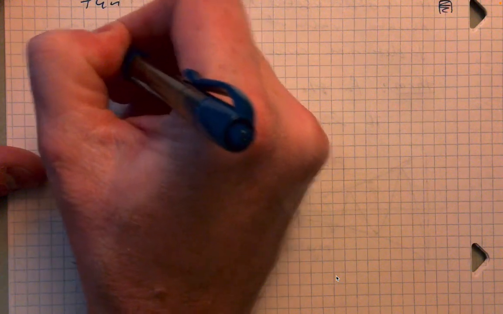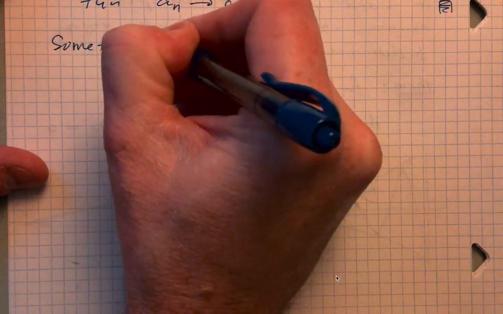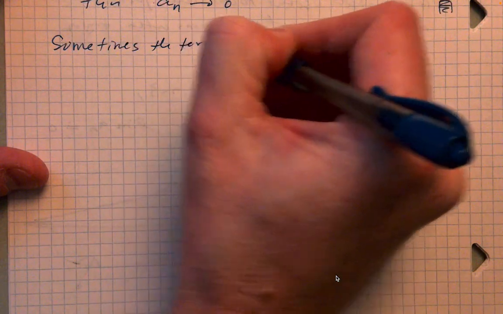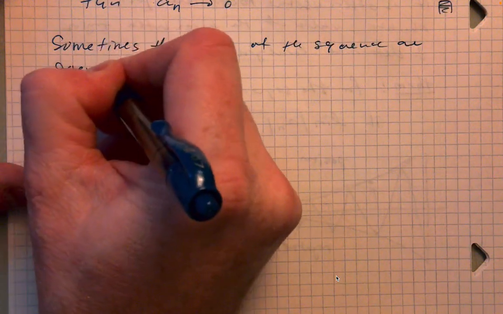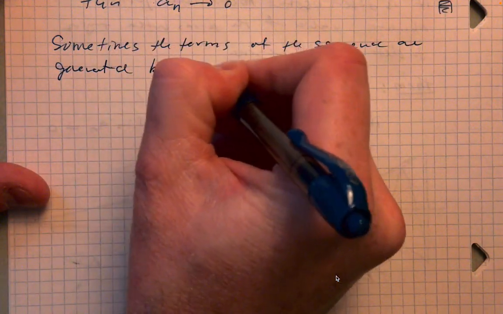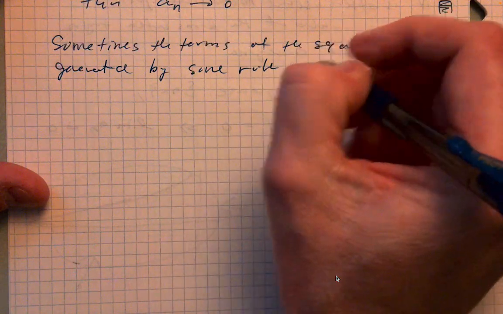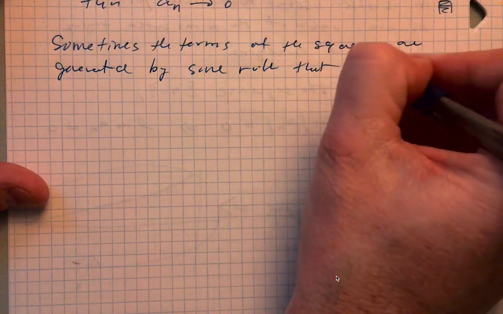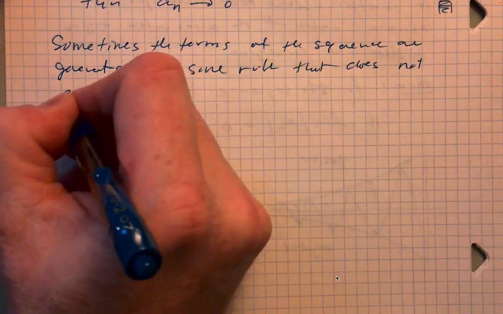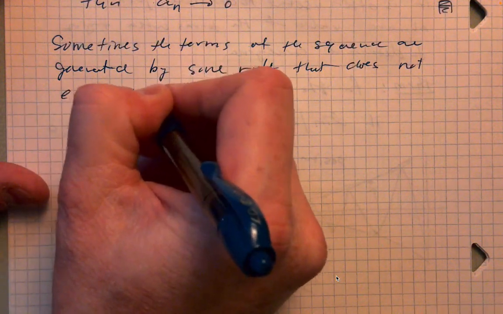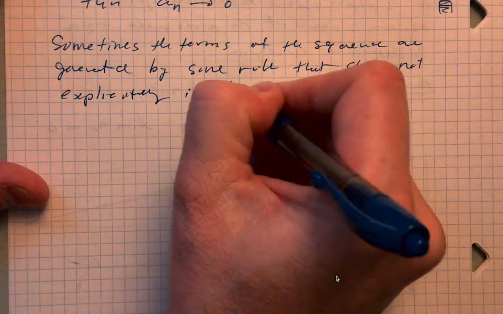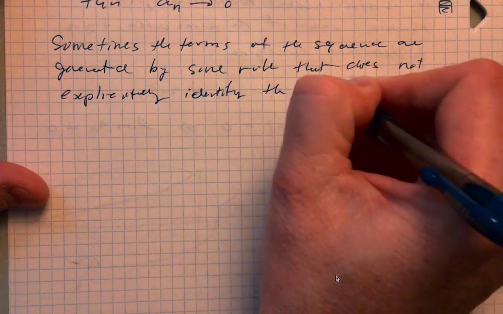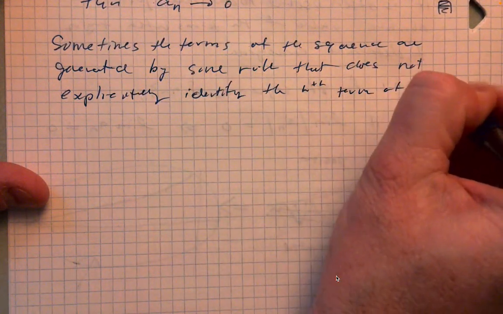So let's write that down. Sometimes the terms of the sequence are generated by some rule that does not explicitly identify the nth term of the sequence.